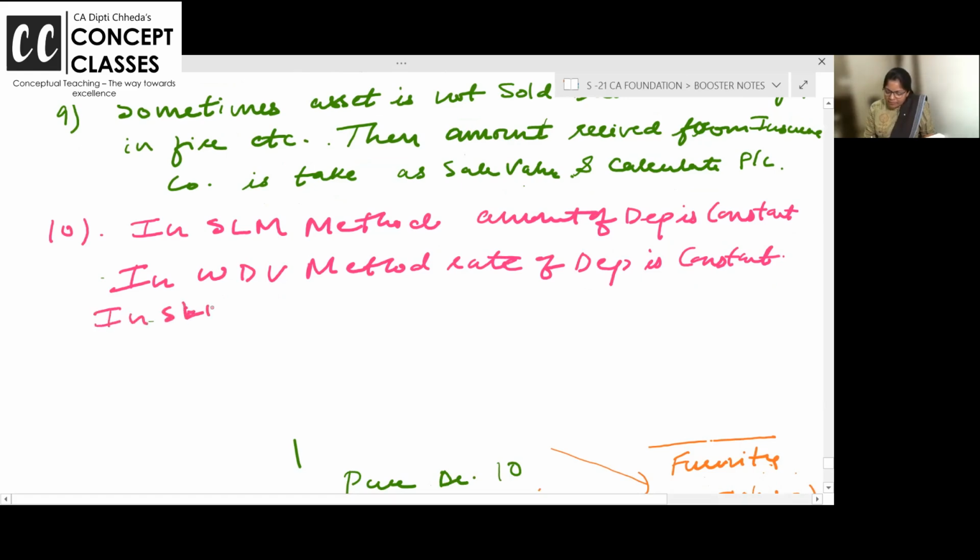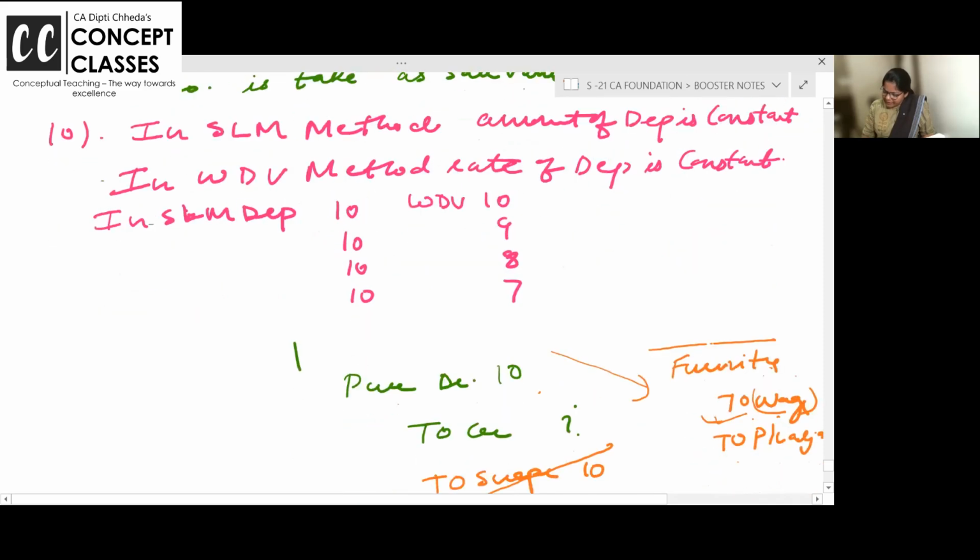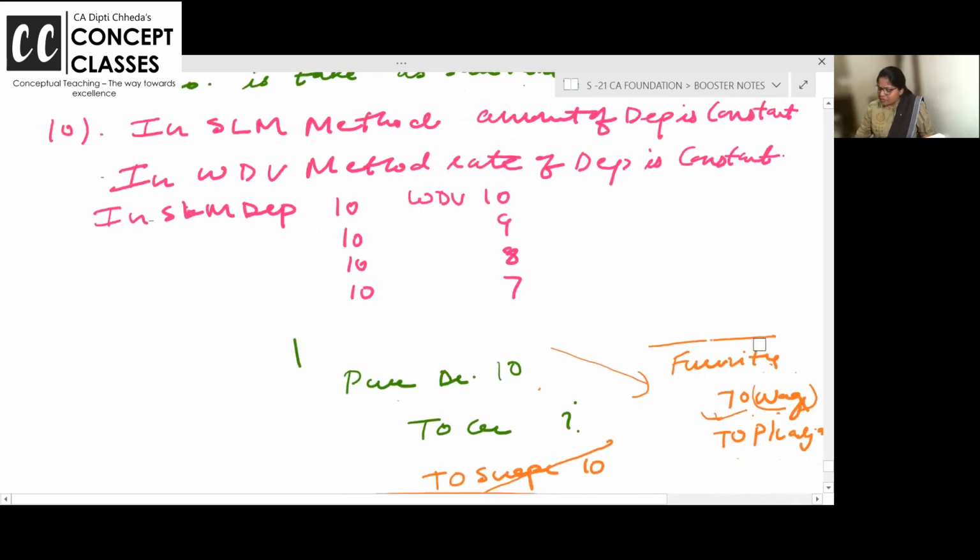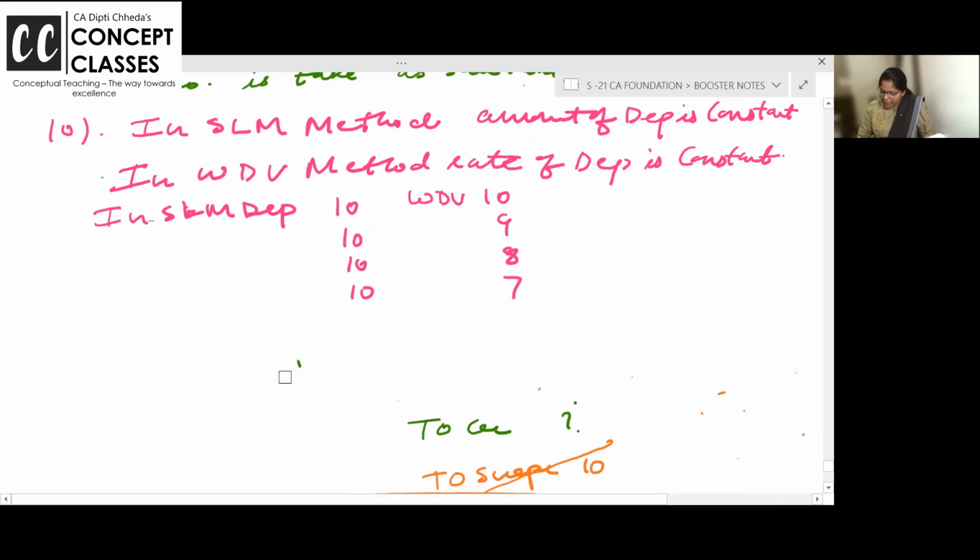In SLM, depreciation is like this: 10, 10, 10, 10. In WDV, it will be 10, 9, 8, 7. Write down this example also, all of you write it in the boosters. Whatever we wrote there just now, write the same in the booster, because they can ask you such analytical questions, and this is a very practical reason in the practical market.